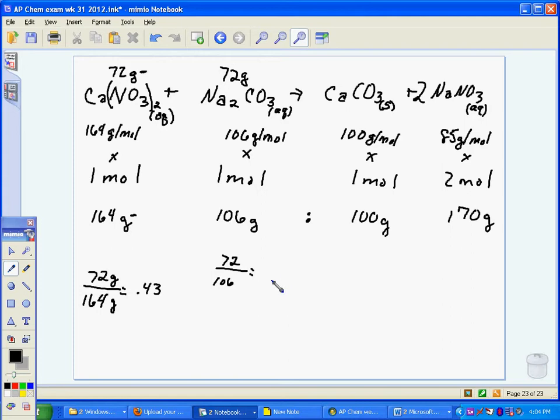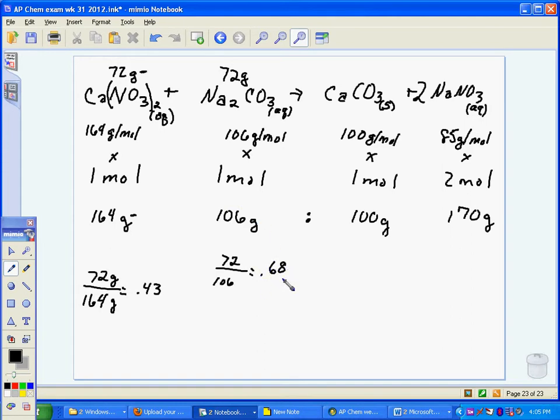So 72 divided by 106, we already know that we're going to get a bigger ratio than the other one. Okay, so 72 divided by 106 is a 0.68 ratio.